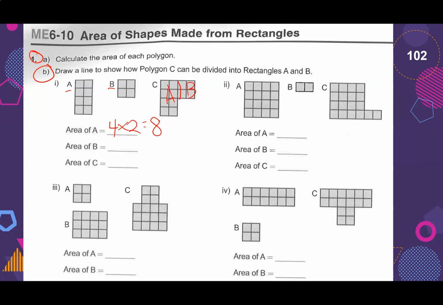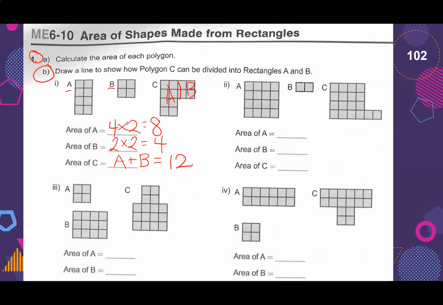Now we don't have units for these shapes, so don't worry about the units for this question. Rectangle B is 2 by 2. The area is 4 square units. The area of C is simply the area of A plus the area of B. So 8 plus 4 equals 12.